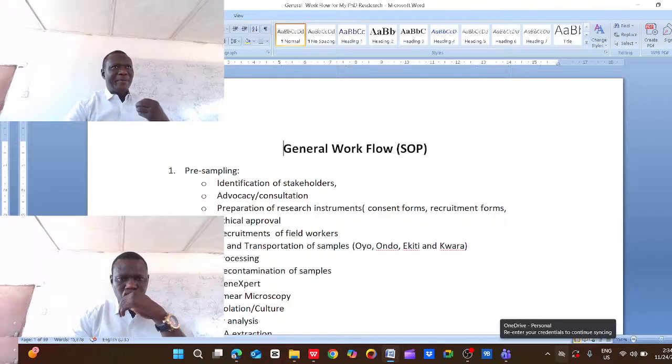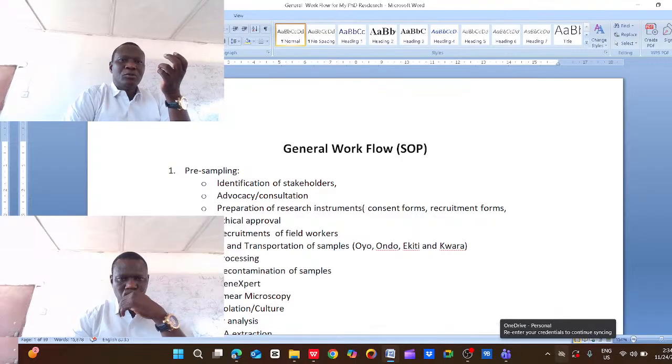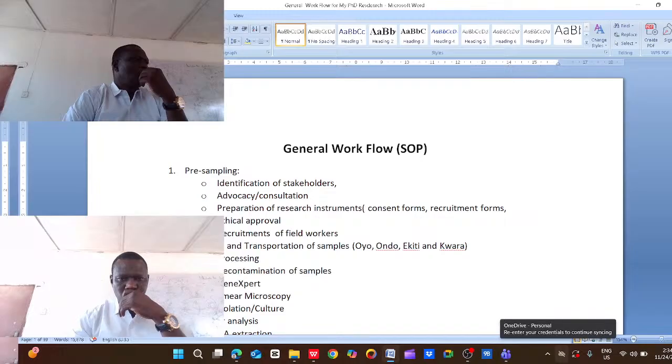Then under pre-sampling, the third aspect has to do with preparation of research instruments. For example, if you're going to make use of a consent form, because you are going to collect human sample, you need their consent.